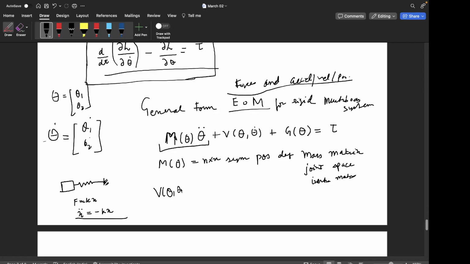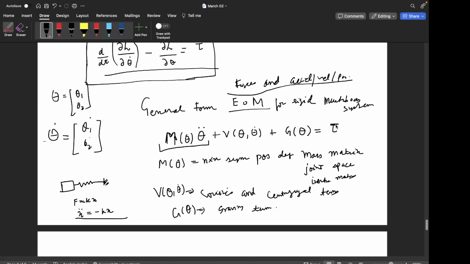Then you have this term. This term contains all the terms relating to the Coriolis and centrifugal terms. And this third term is the gravity effect, gravity terms, right?